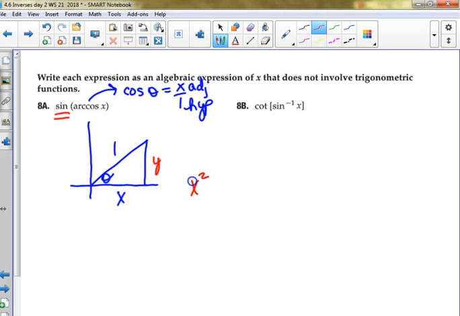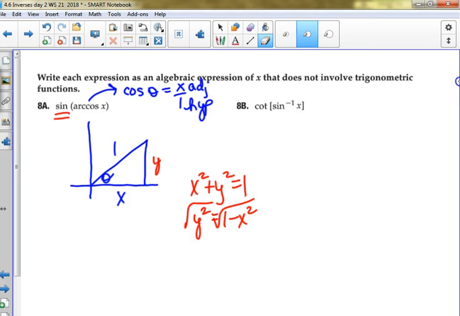But I'd have x squared plus y squared equals 1 squared, which is 1, right? Now what? 1 minus x squared, square root. So that's what's going to go here for y. And I cannot simplify.